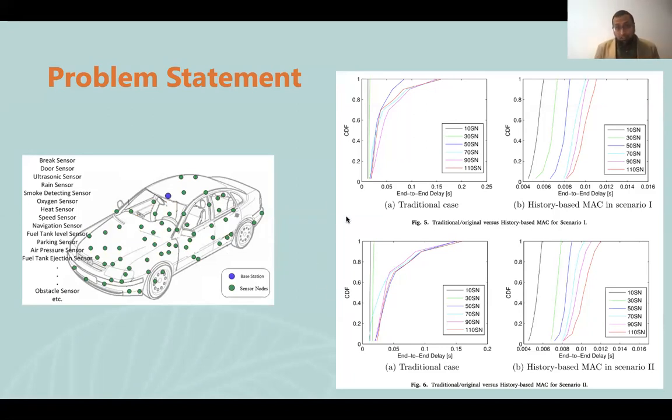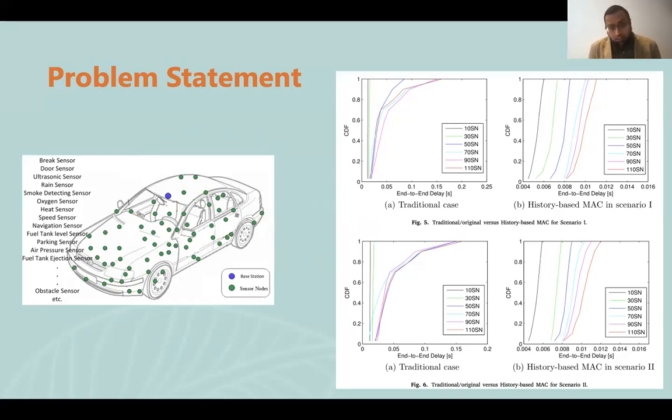But this is quite a harsh environment where there are a lot of obstacles inside, and because of that there will be a lot of effects, for example, scattering, reflections, and fading.